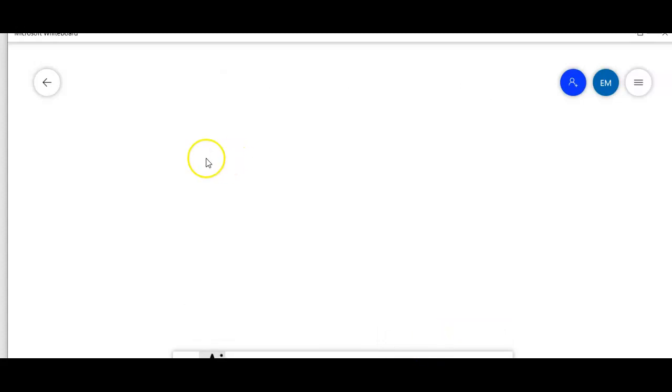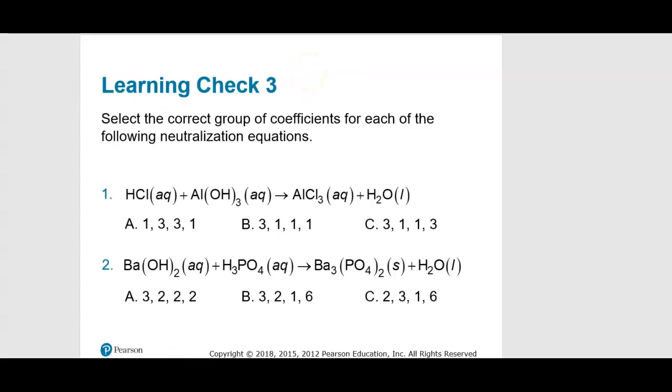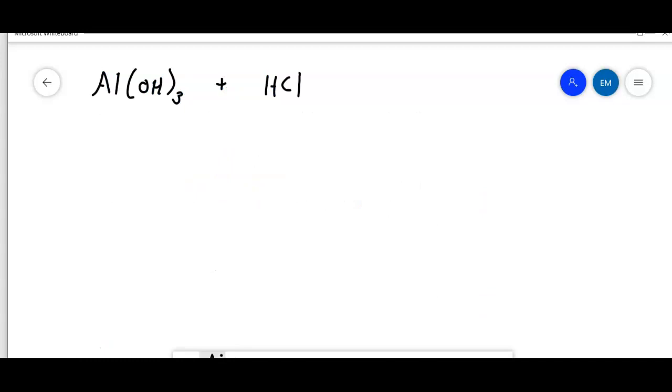You have aluminum hydroxide plus hydrochloric acid. It was a hydrochloric acid, wasn't it? Yes, and I wrote these in the opposite direction, so let me correct that.